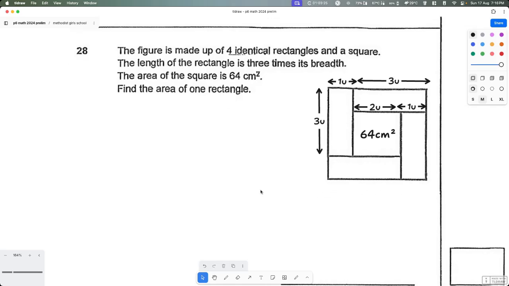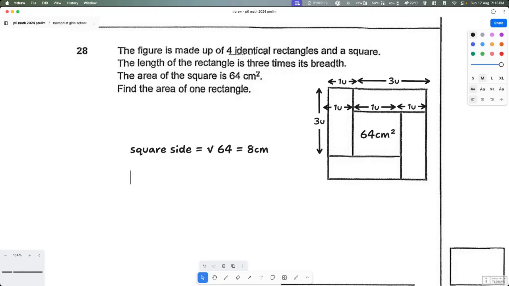Okay, so with this, wait, 1 unit. Sorry. This is 1 unit as well. Okay, so this is 1 unit, this is 1 unit, so this is also 1 unit. Okay, so square area, square side is equal to the root of 64, which is equal to 8 centimeter.